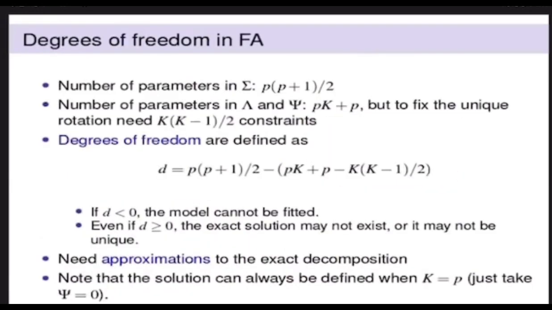The degree of freedom will strike a balance between the number, because this is what happens. In your model, if you have so many factors, there's going to be so many parameters. If you have a few factors, you're going to have few parameters. We don't want a situation whereby the model will be over-parameterized.